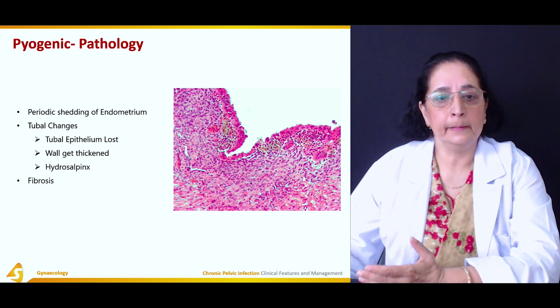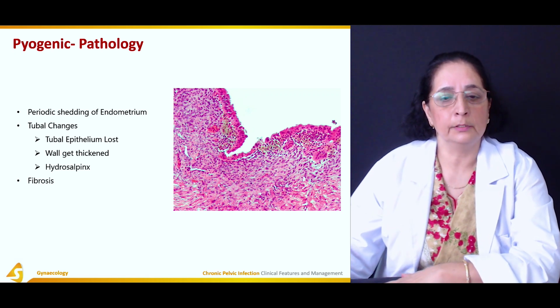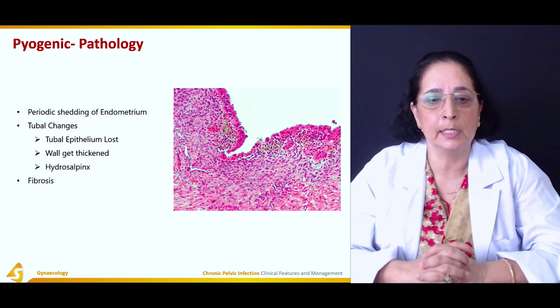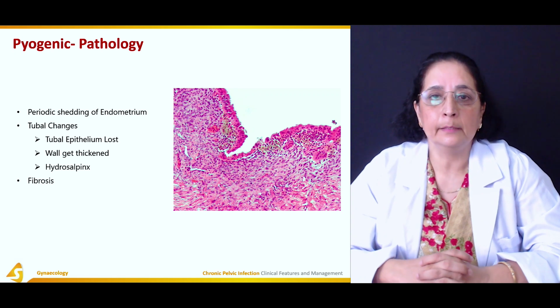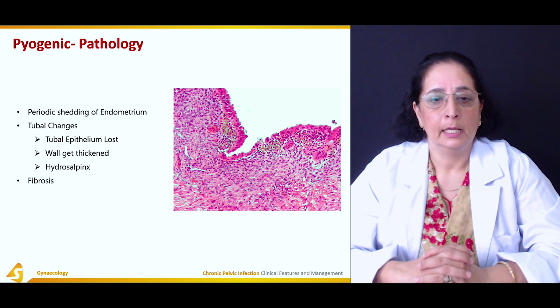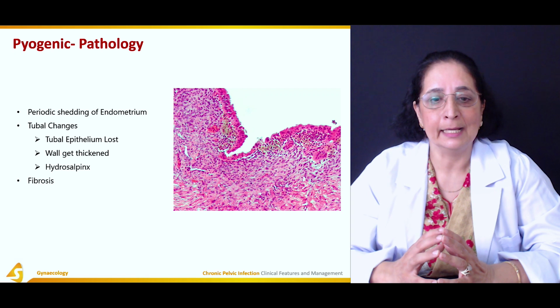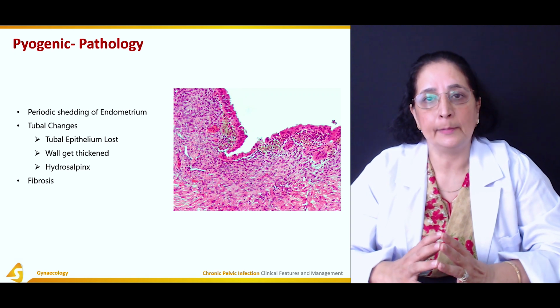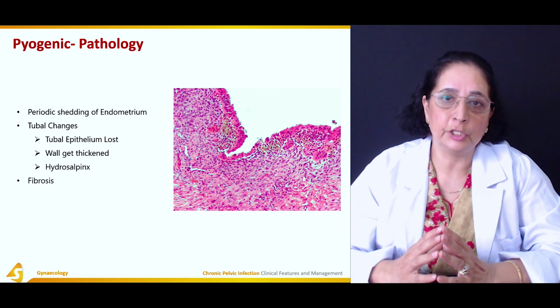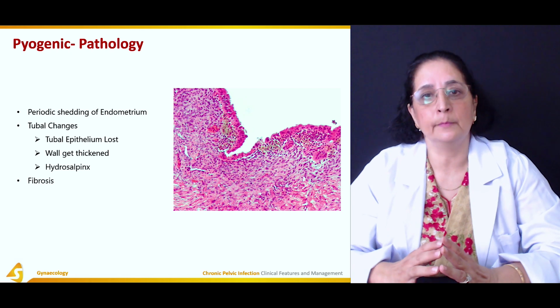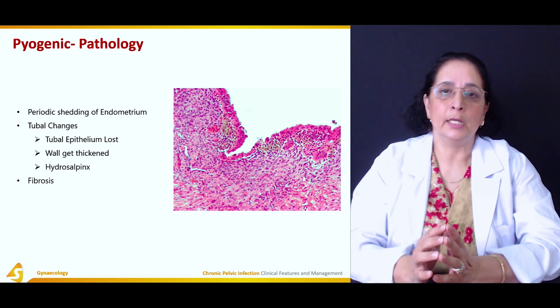And there are some changes in the fallopian tubes, like the epithelium is lost during the infections. The wall of the fallopian tubes gets very thick, and there is hydrosalpinx, meaning a formation of pus or accumulation of fluid. Hydro is fluid. Salpinx is the term used for the fallopian tubes.